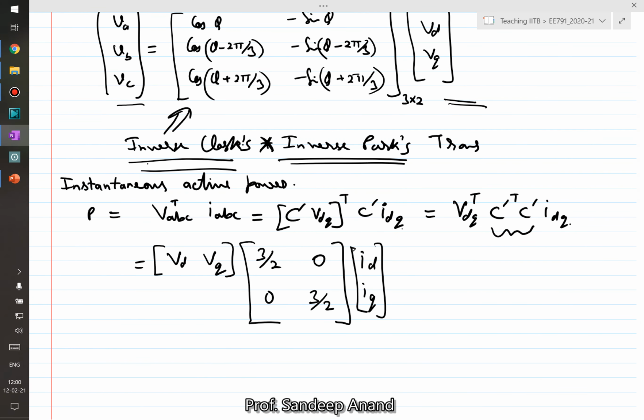If you further simplify this, you will get 3 by 2 times VD ID plus VQ IQ.